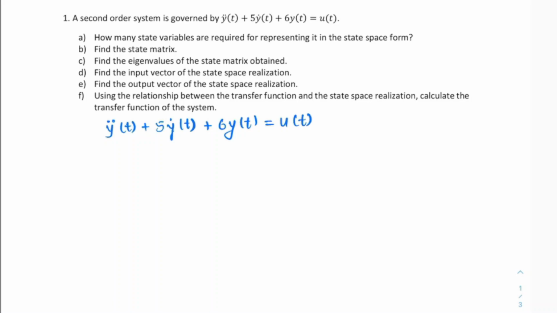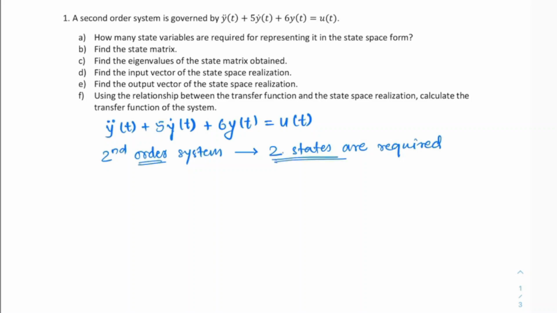Now, since this is a second order system, we require two states. So the order of the system is equal to the number of states required to represent that system in state space form.